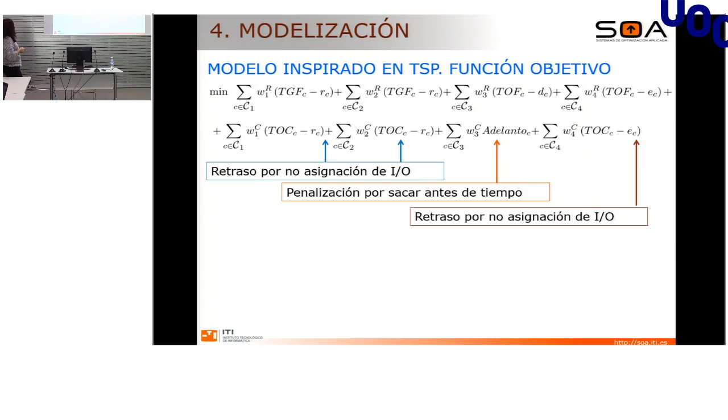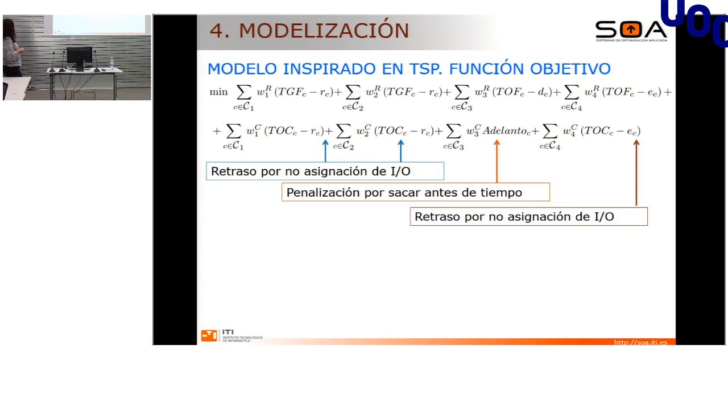So you are computing this delay with respect to the due date, but according to the initial time that you occupied the input-output.